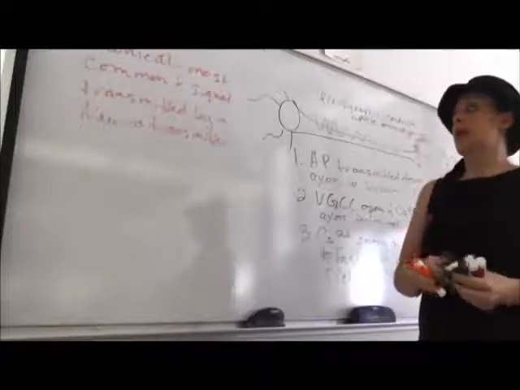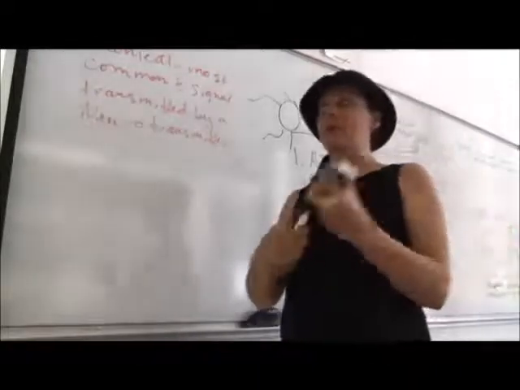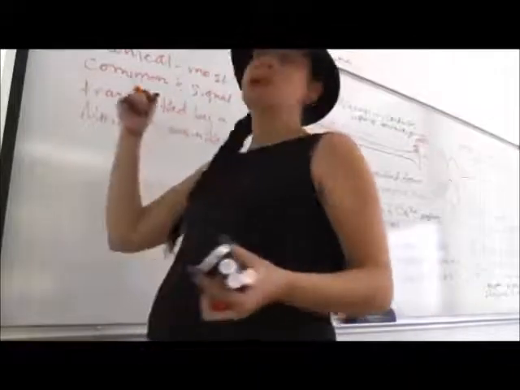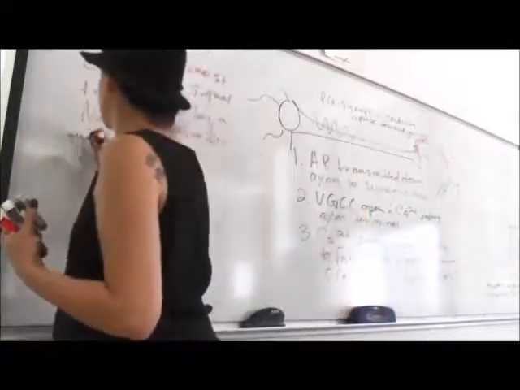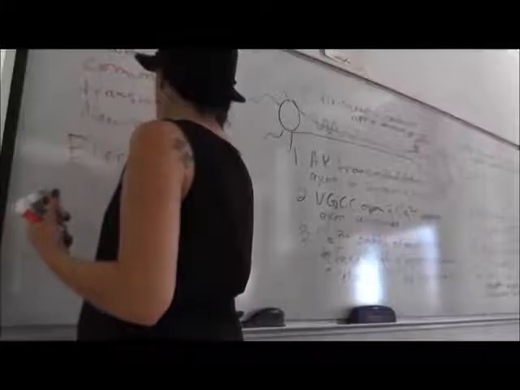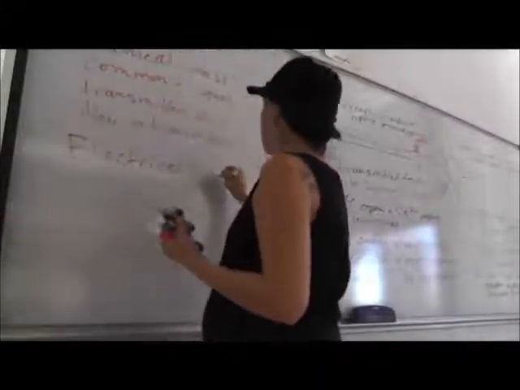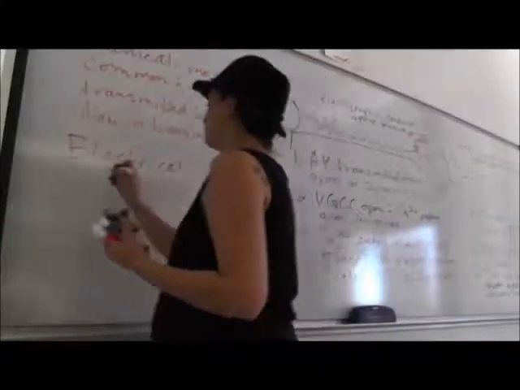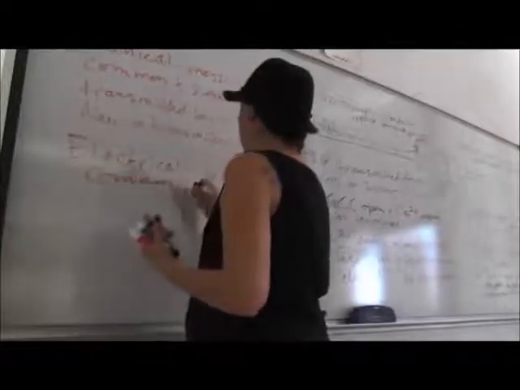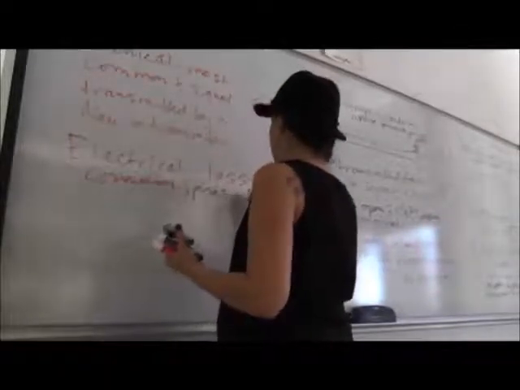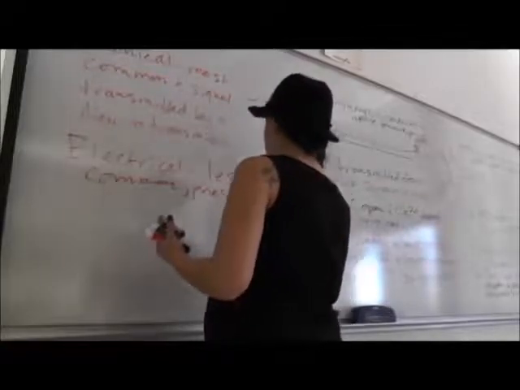In an electrical synapse, our pre- and postsynaptic neurons are joined by gap junctions, so conductivity is pretty much instantaneous. So these are by far less common. And we can say our presynaptic and postsynaptic neurons are joined by gap junctions.